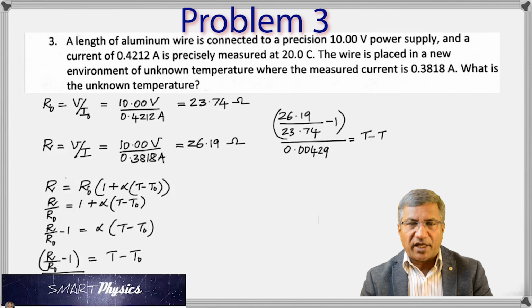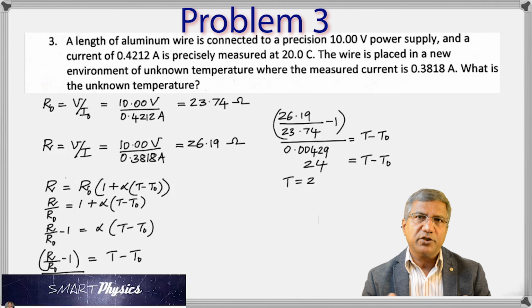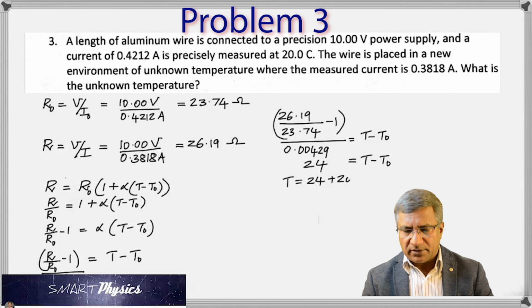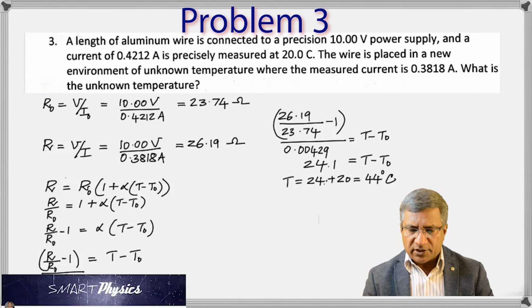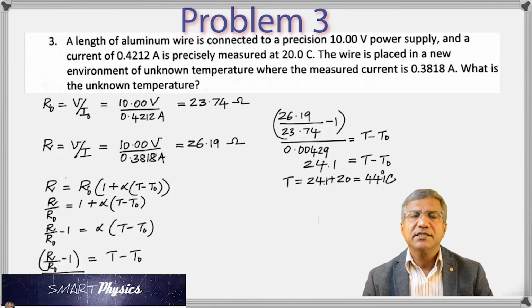Of course, the value of alpha will be given. So that's the alpha for aluminum that will be given. So when you do that, you get T minus T naught as 24.1. And so T is 24.1 plus 20, that is 44.1 degrees Celsius.